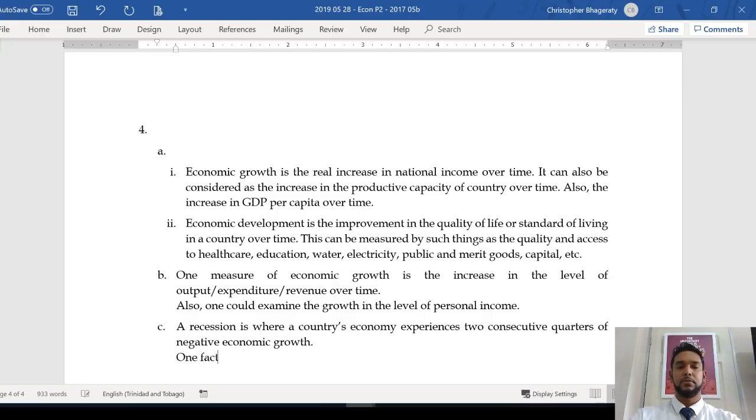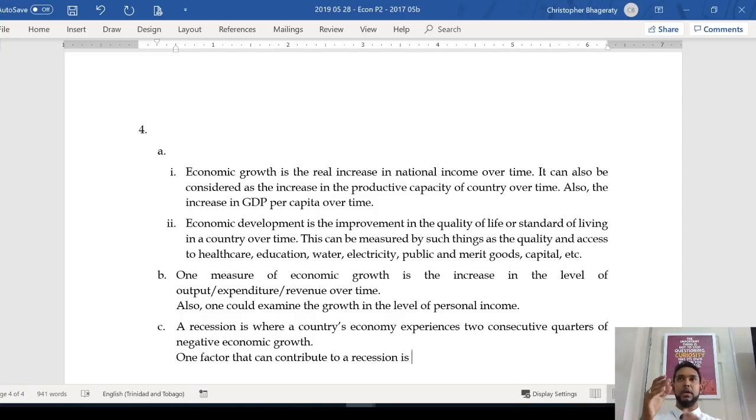So one factor that can contribute to a recession is an increase in unemployment. Somebody might actually argue the opposite, that a recession could trigger unemployment. But to me, both are correct. It's just how you explain it.